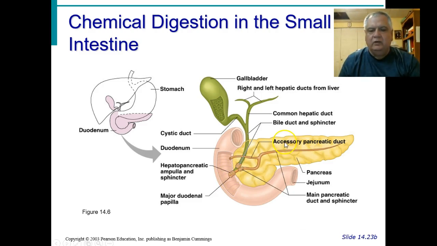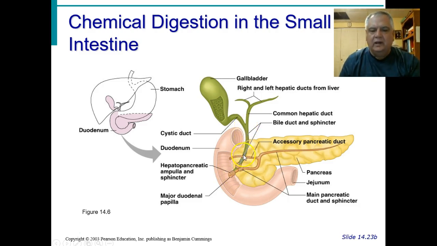These ducts, the accessory pancreatic duct and the pancreatic duct, will carry enzymes produced by the pancreas and release those enzymes into the duodenum in this region, which is called the hepatopancreatic ampulla. There's a sphincter, a valve that controls it right there, the ampulla and sphincter, sometimes referred to as the ampulla of Vater, V-A-T-E-R.